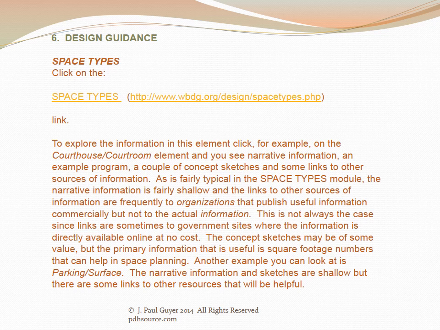This is not always the case, since links are sometimes to government sites where the information is directly available online at no cost. The concept sketches may be of some value, but the primary information that is useful is square footage numbers that can help in space planning.